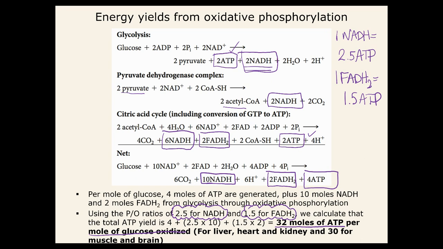Okay, and I think this is an important discussion to see the big picture, because we get so much more ATP from oxidative phosphorylation than we did from glycolysis or from citric acid cycle, that was substrate level phosphorylation.